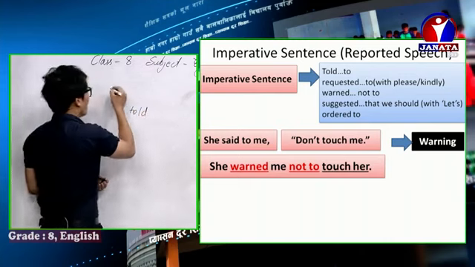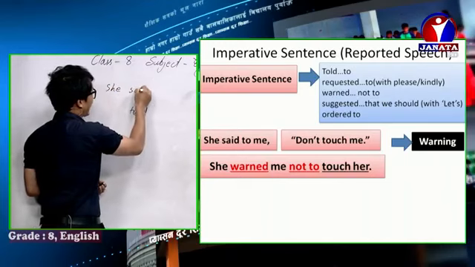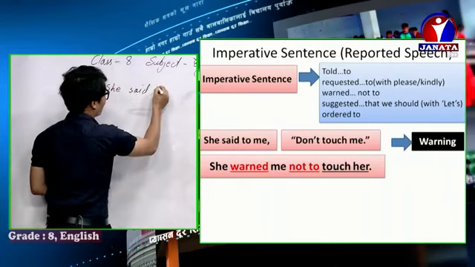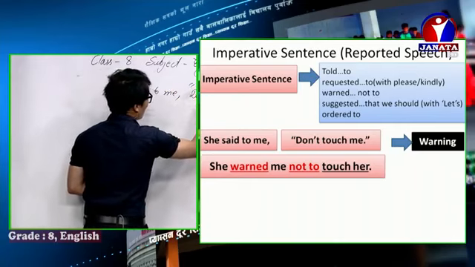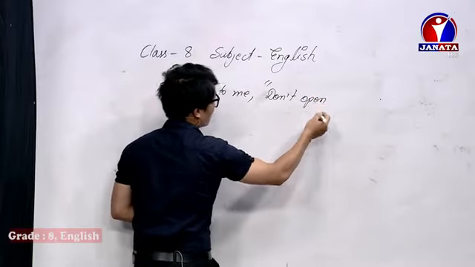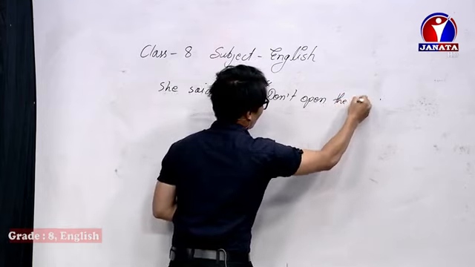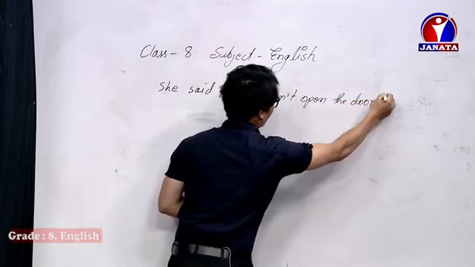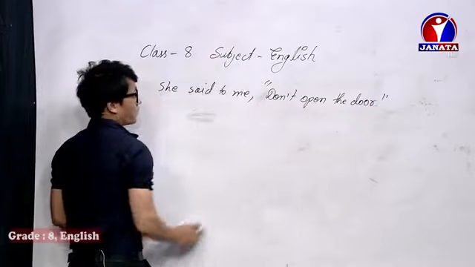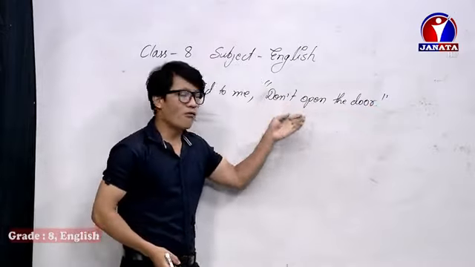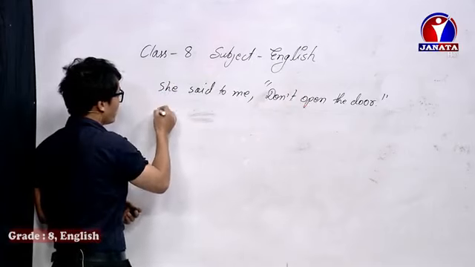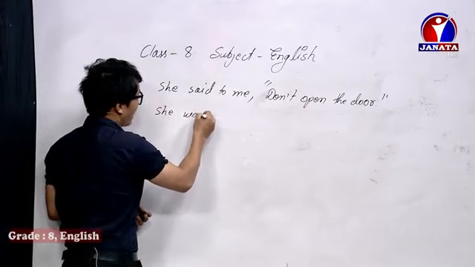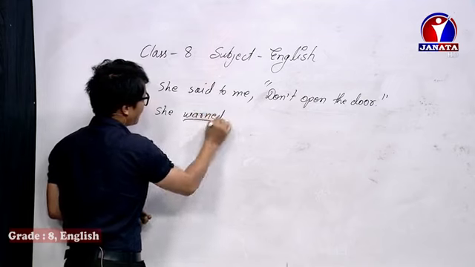Like she said to me, don't open the door. Okay. So if you think don't open the door is a warning, then you need to write warned in the past.